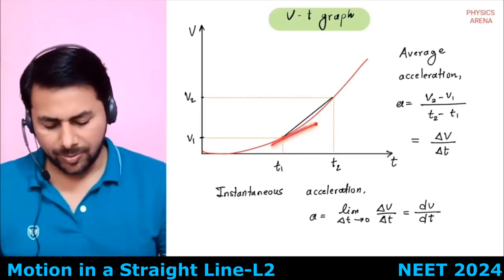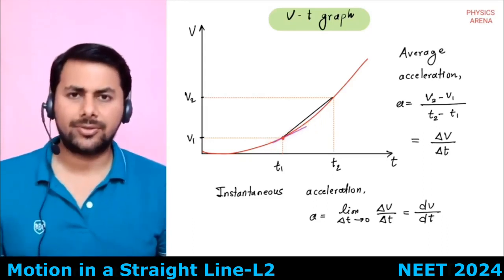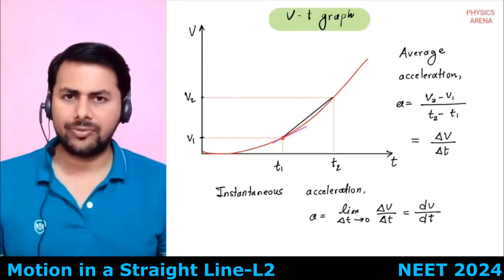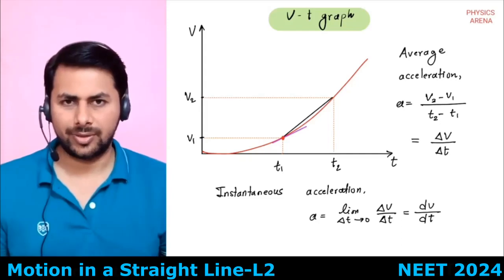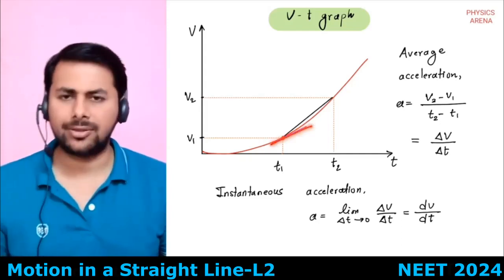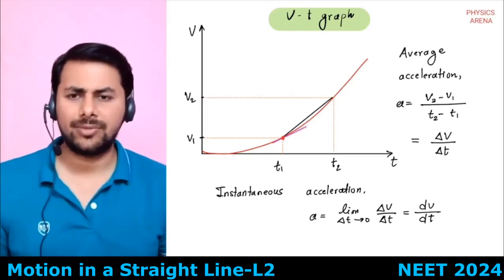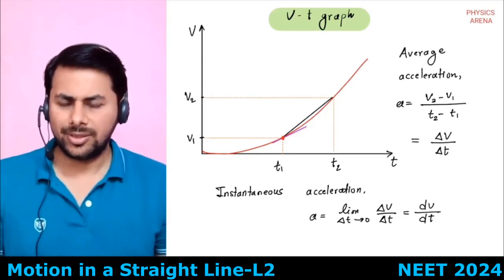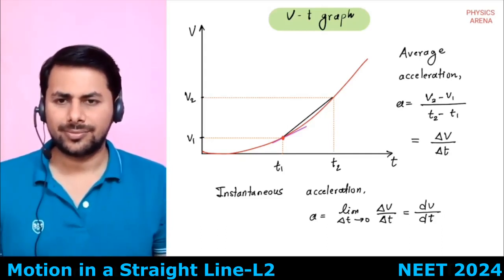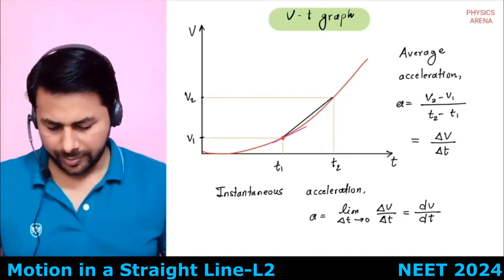On the graph, it is the slope of a tangent line drawn to the velocity versus time graph. This is clear? Yes, sir.